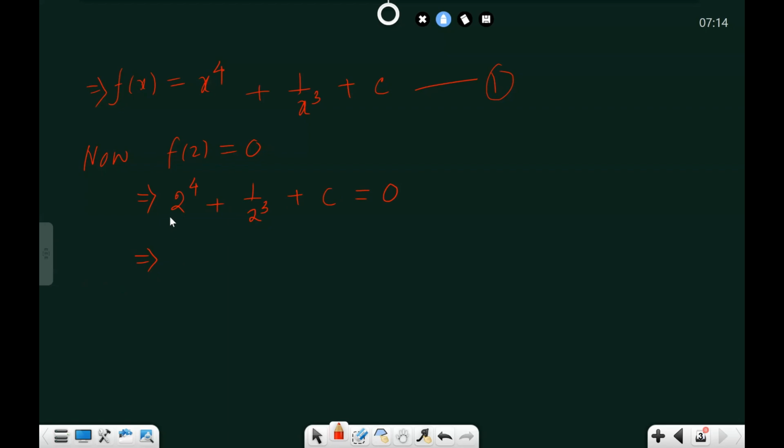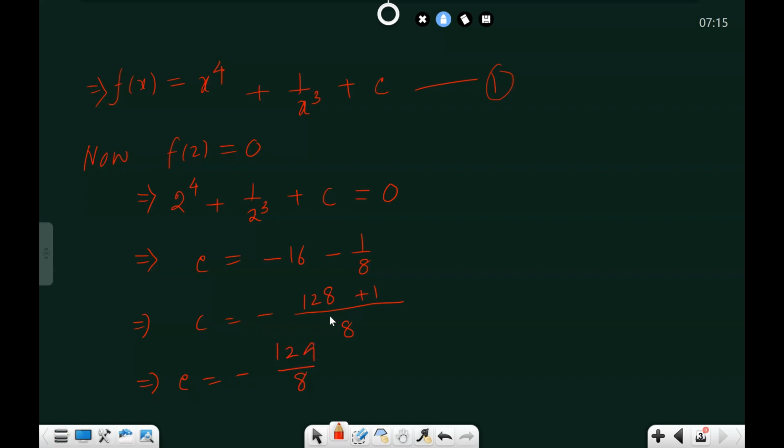This is 16, so c will be equal to minus 16 minus 1 by 8. Minus is common, so it is minus 128 plus 1 over 8. So finally I will get c is equal to minus 129 by 8.